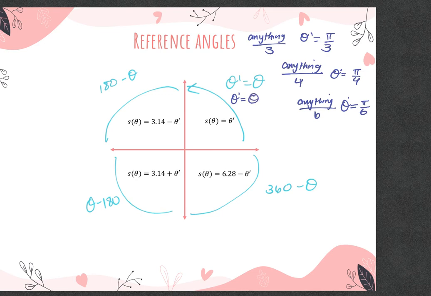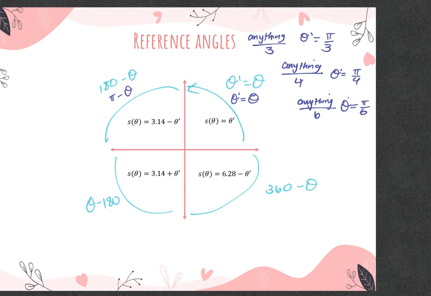So if I had 2 pi over 7, which is less than a half pi, then 2 pi over 7 is the reference angle. If it's bigger than a half but smaller than 1, so it's in the second quadrant, what's the equivalent of 180 degrees in radians? Pi. We would do pi minus theta here.